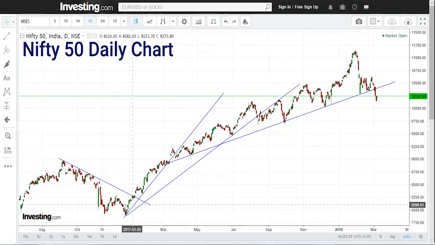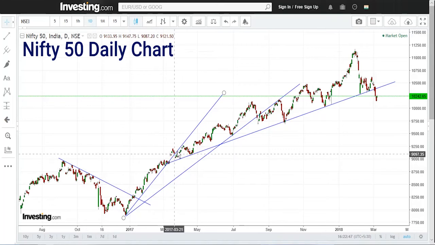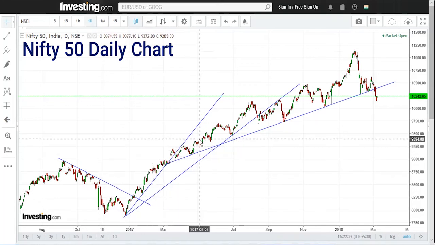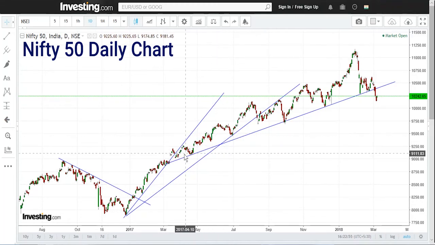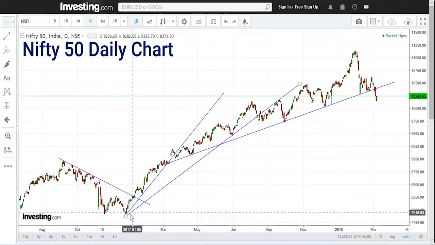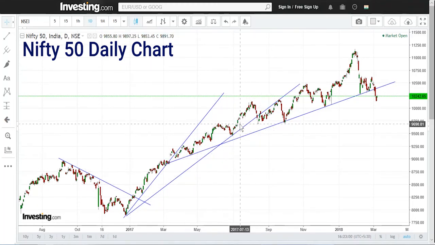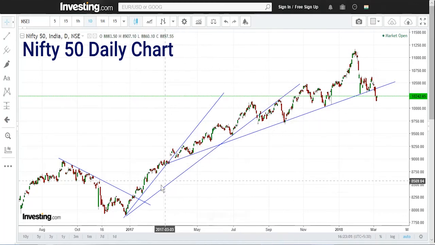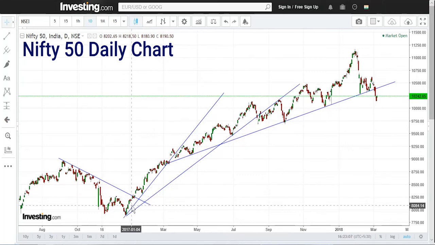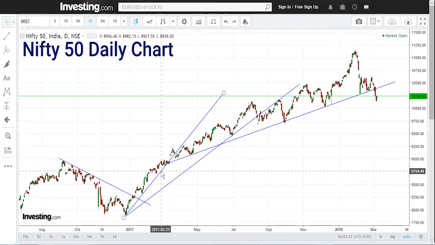Now this is the daily chart of Nifty. Here you can see that when the up move started, this line was acting as a supportive trend line. Later the up move lost a little bit of momentum, but still the up move continued. Here you can see next this trend line was drawn. Now what you can understand, it is not always necessary to draw a trend line from the first point only, because you could draw this trend line from the beginning of the trend, that is okay.